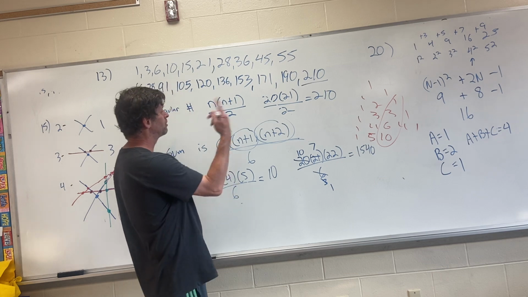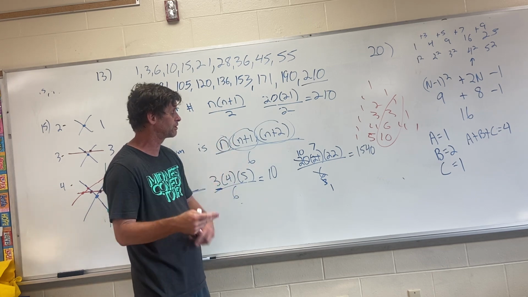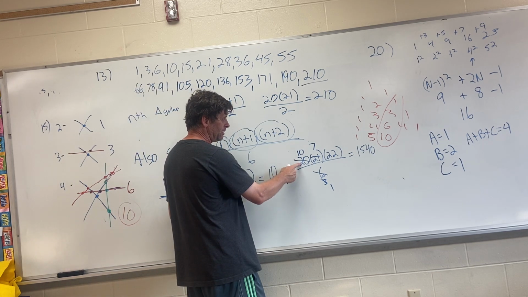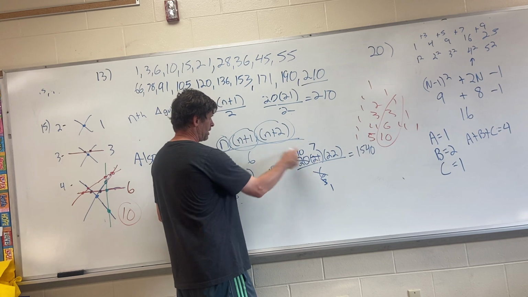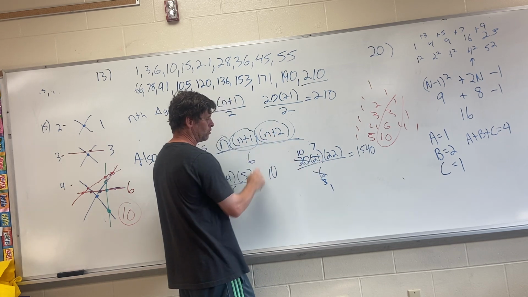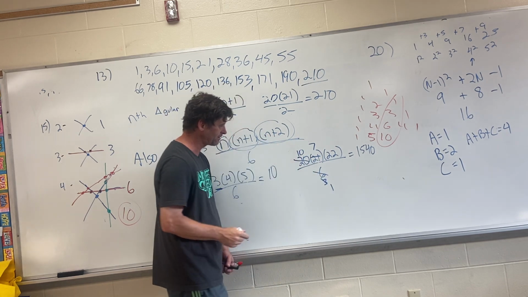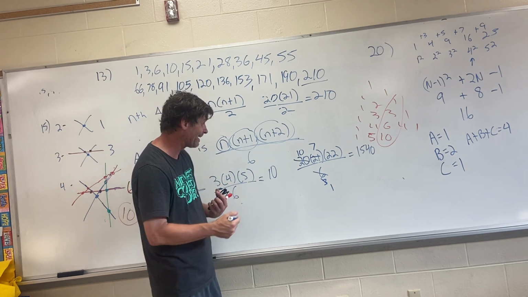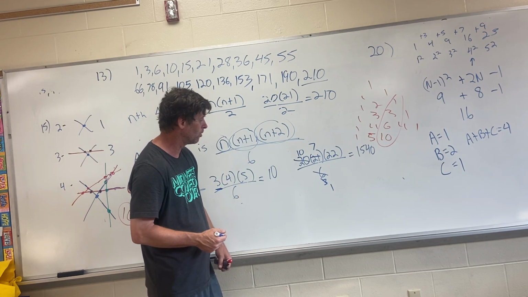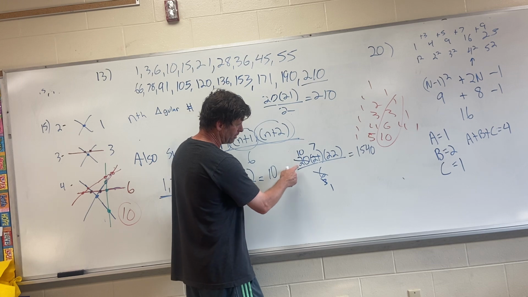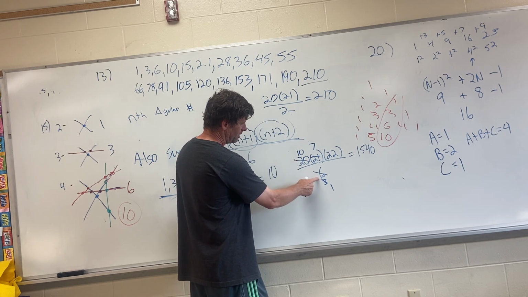So for the 20th, for the sum of the first 20, we do 20 times 21 times 22, all divided by 6. You can do some fancy canceling, which is kind of cool. For example, the 20 and the 6, you could divide by 2, you get 10 and 3.